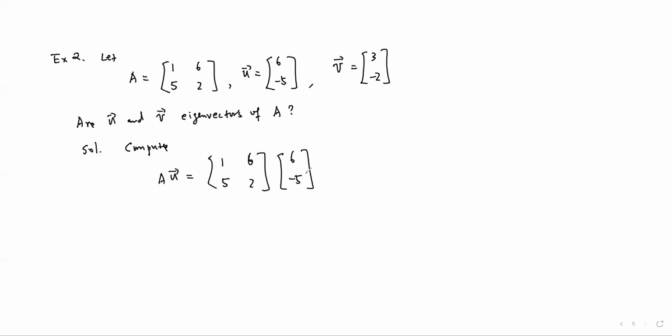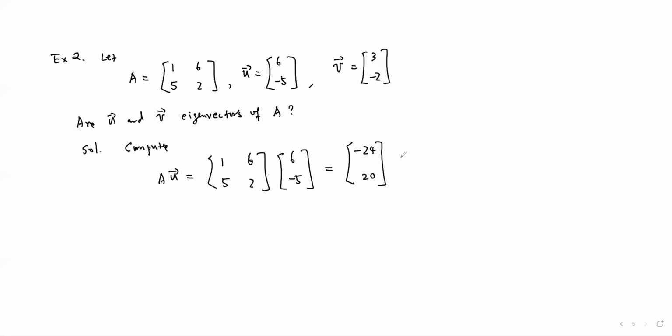The result is a 2 by 1 matrix. By the row-column formula, I get the vector negative 24, 20.